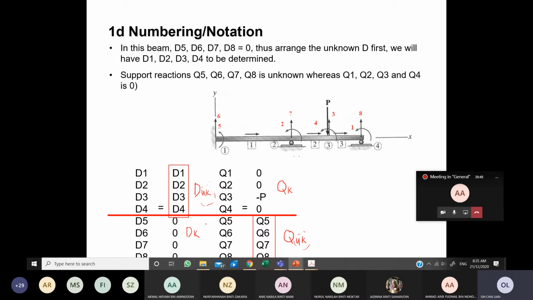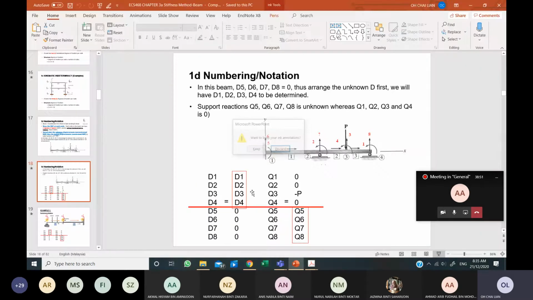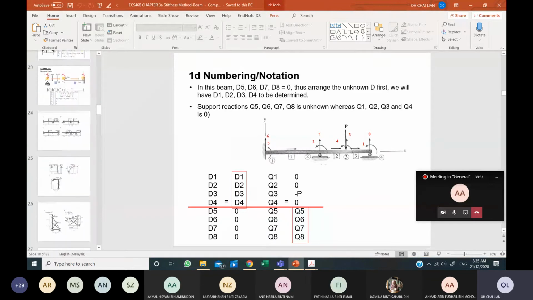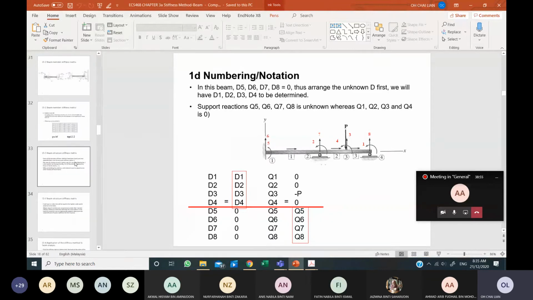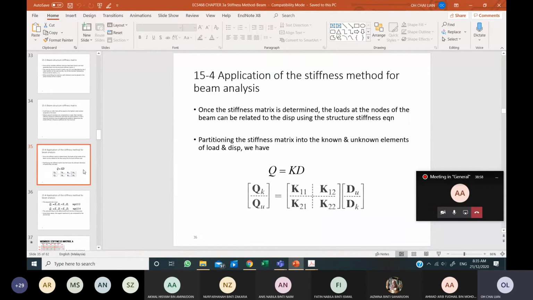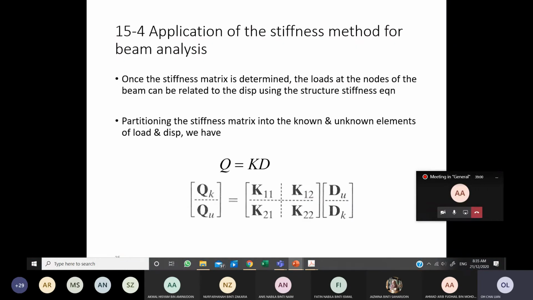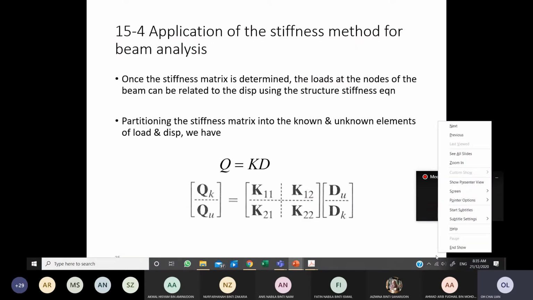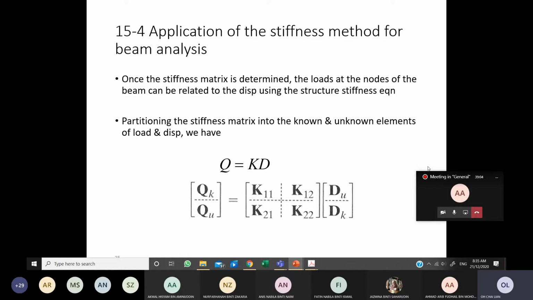Now let's go back to our relations, which can be partitioned as such.